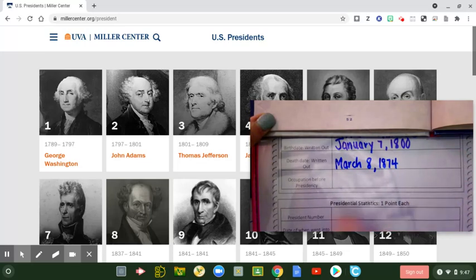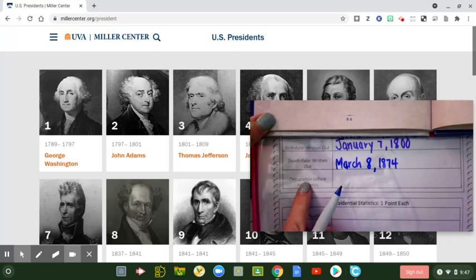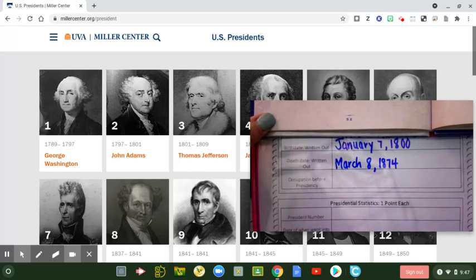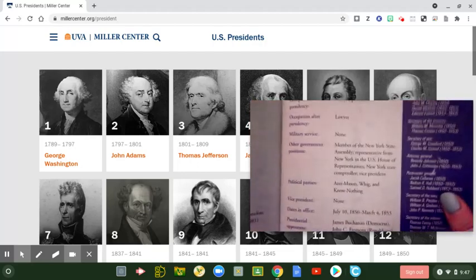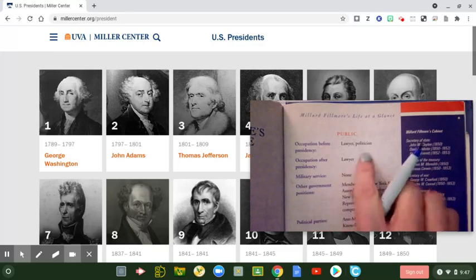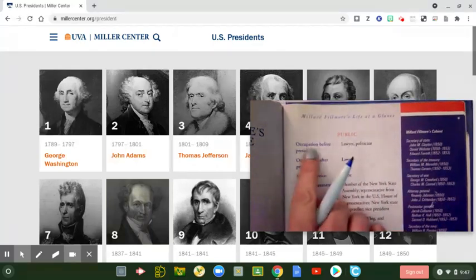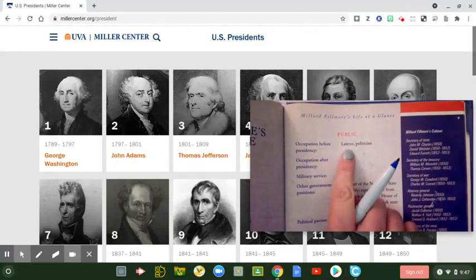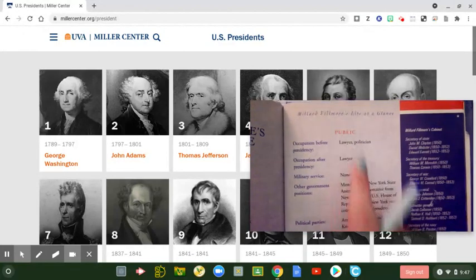Okay? All right. Occupation means job. Occupation before presidency. What did he do before he became the president? And there it is. Okay. Occupation before presidency. He was a lawyer and a politician. Okay.